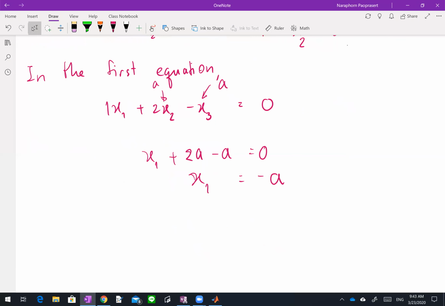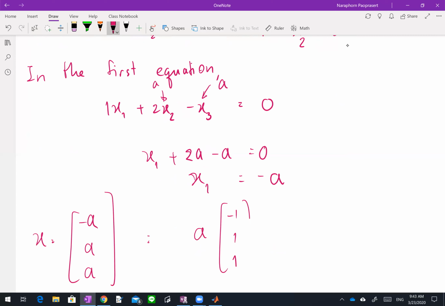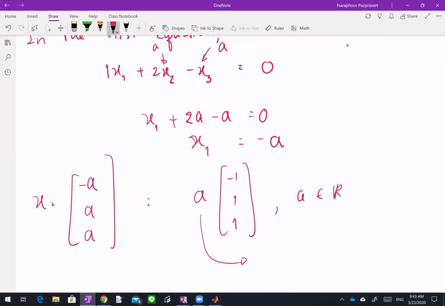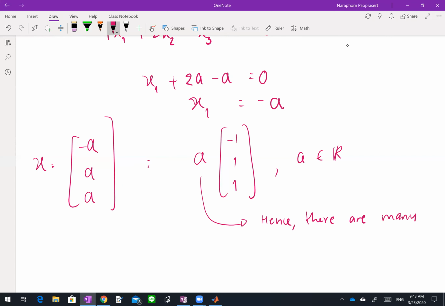So the solution to the above system of equations is x equals minus a, a, a, or a times minus 1, 1, 1, when a is any real number. Okay, so from this solution, you can see that hence there are many possible x, right?